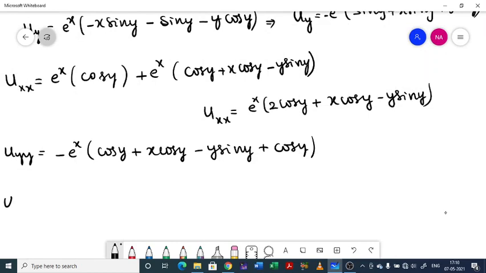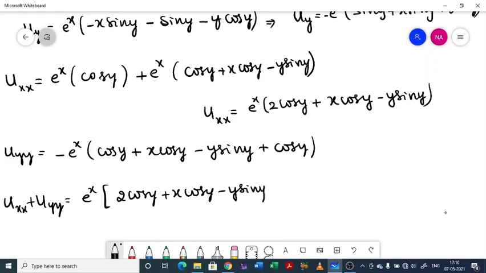So u double x plus u double y will be, e power x will take outside, so here 2 cos y plus x cos y minus y sin y, minus cos y, cos y, so 2 cos y, this one minus 2 cos y minus x cos y plus y sin y.